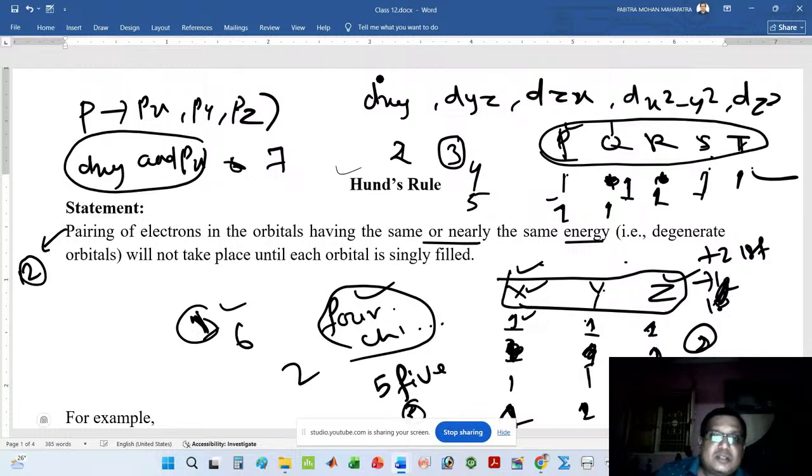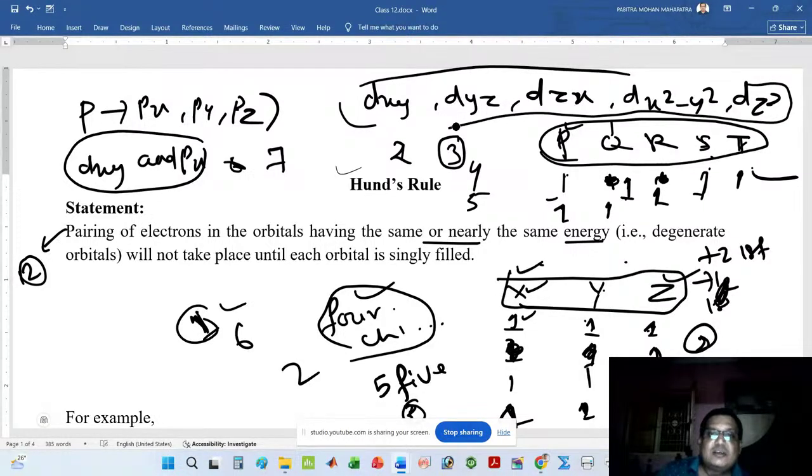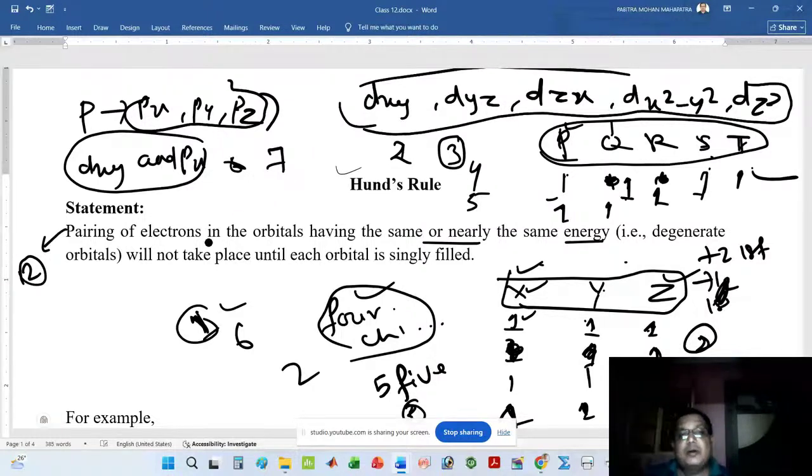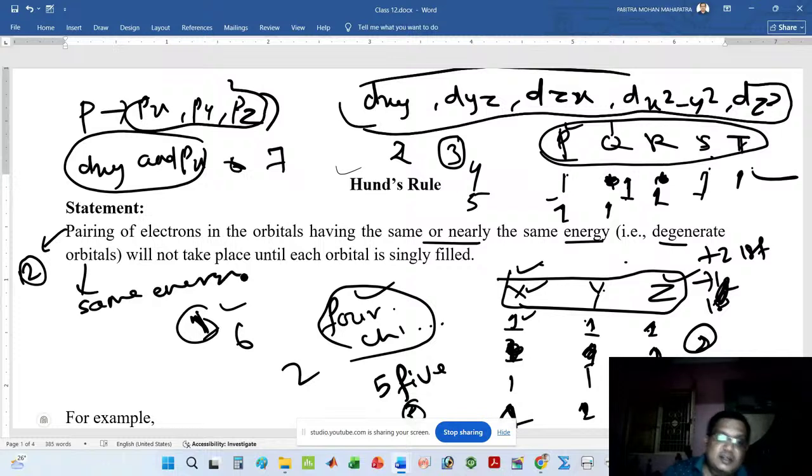You can think about these because these five orbitals have the same or nearly the same energy. These three orbitals have nearly the same or the same energy. Orbitals having the same energy are termed degenerate orbitals.